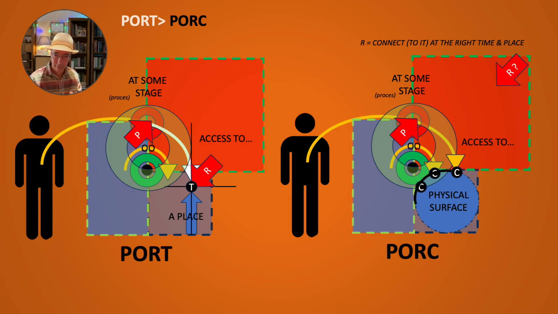The R is from the last category, which says it's a potential frame, which I say when the definitions are right, I will go there. So it goes to a physical surface. So that's actually what it will have access to. It will not have access to a place, but it will have access to that physical surface.